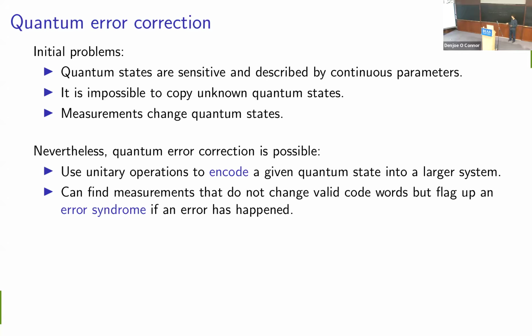And so in this way, we can find out that one of these bit flip errors happened. And then we can find a way to correct it. And this all happens without destroying the superposition that we're really interested in, which is the superposition between these two states.